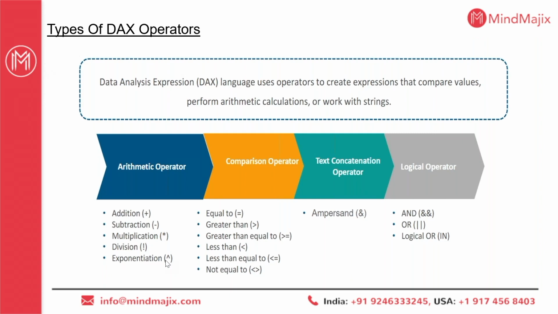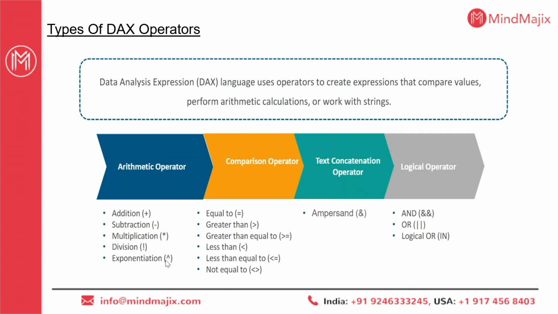Comparison operators are for when you want to do equal to, greater than, less than. These are the comparison operators. The text concatenation operator is basically to join 2 columns or 2 measures into one.